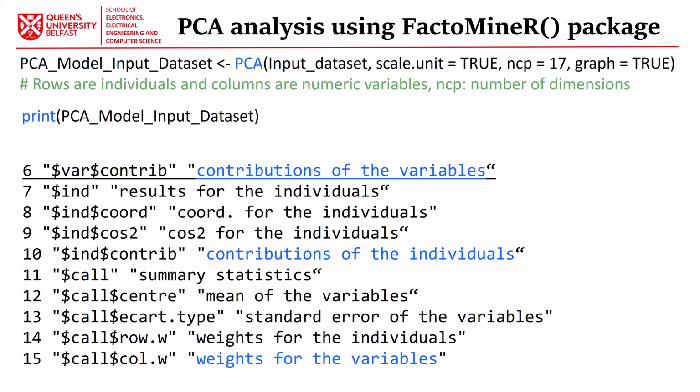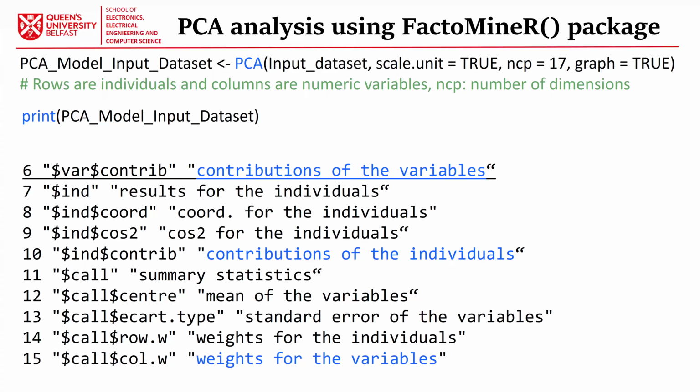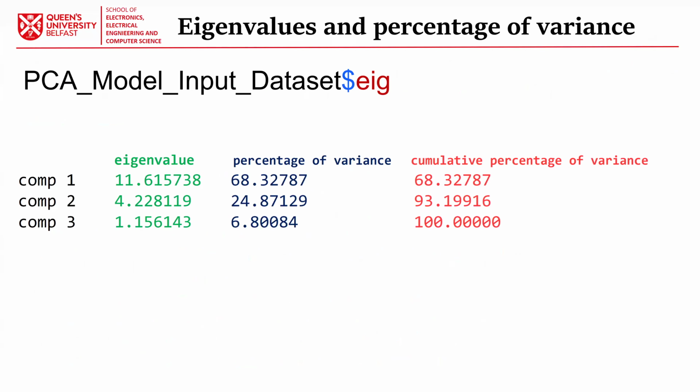Or even you can get the weight or loading of each variable. Using this function, you can get loads of information here, okay? So we're going to look at a couple of these. I put some of them underlined, showing some of the results from running these values.